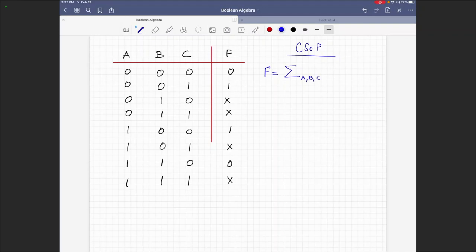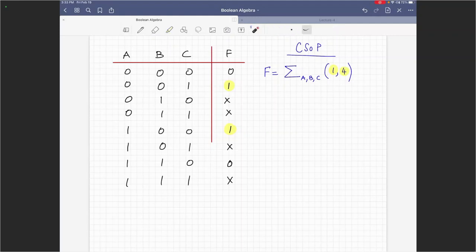Is that M1 plus M4? Right. So summation ABC, and then this is for 1 and this is for 4. So that takes care of these two. Let me color code this. 1 here, 4 here. Done and done.